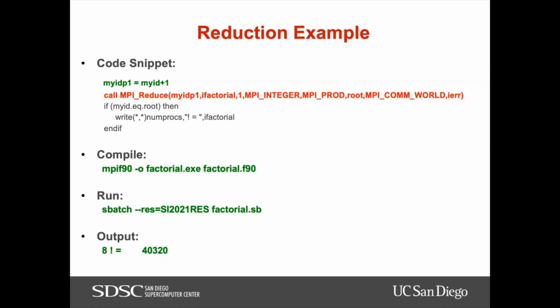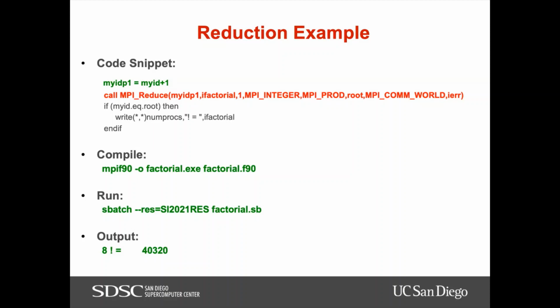That was the example of a collective broadcast, but there are other routines. Like I mentioned, you have reduction routines. In this case, I did a trick here to just find the factorial. As you remember, the MPI ID starts from 0 and goes to the number of tasks minus 1.